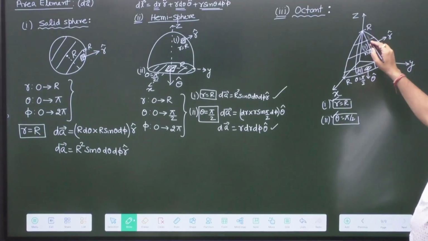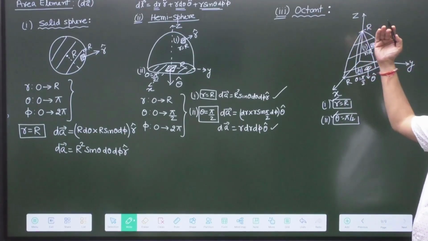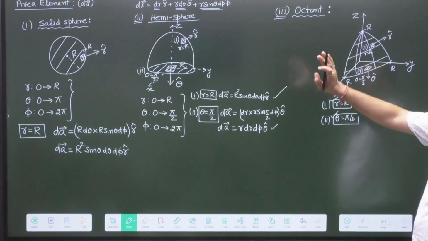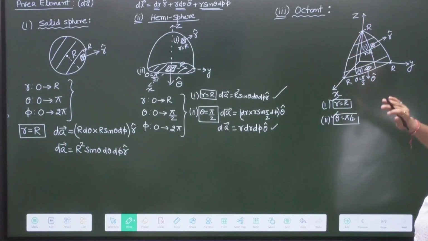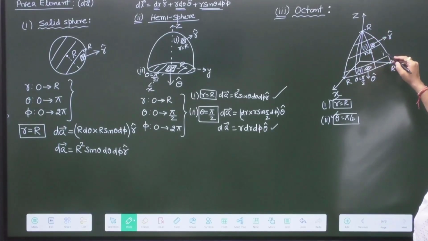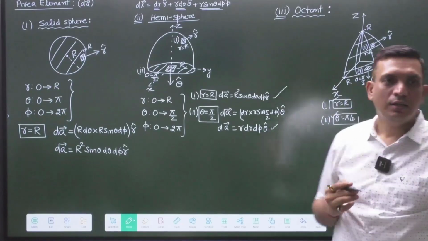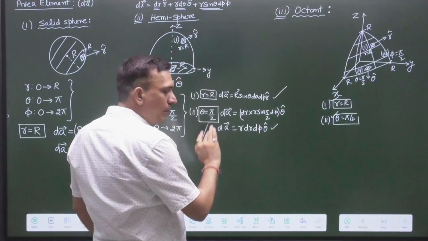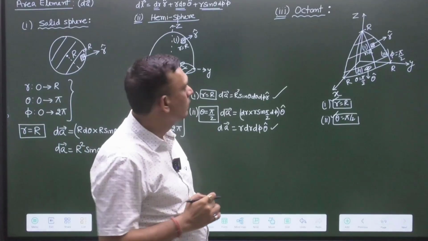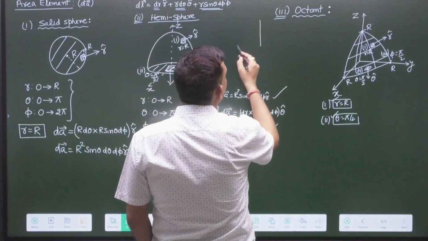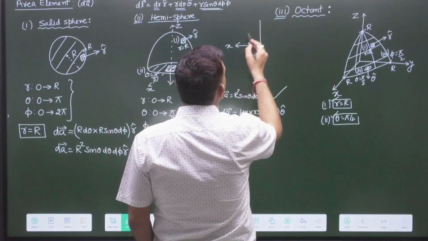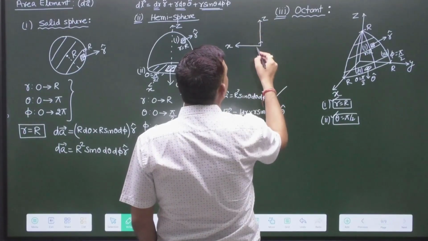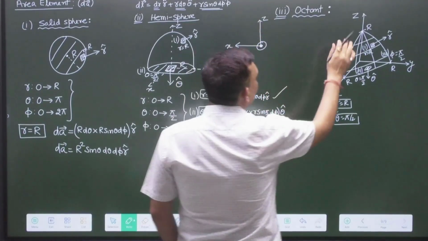Now this is surrounded by the YZ plane on this side, and the XZ plane on this side. So for the YZ plane, let's say surface 3, phi is pi by 2. YZ plane makes an angle pi by 2 with the x-axis. If this is x, this is z, and this is y, so this is the YZ plane.